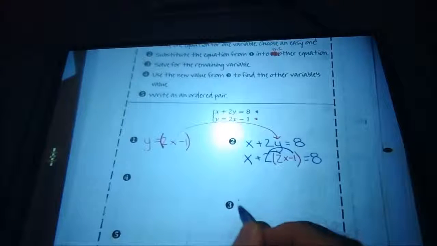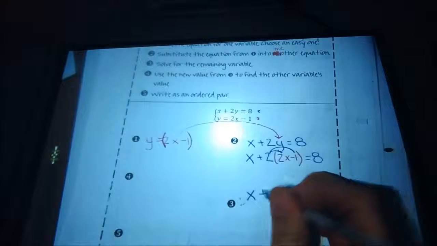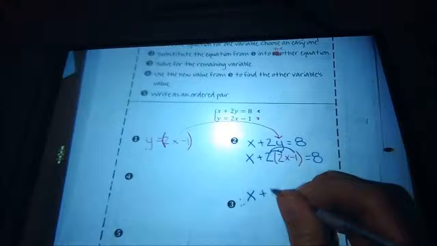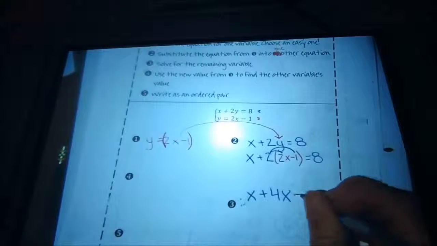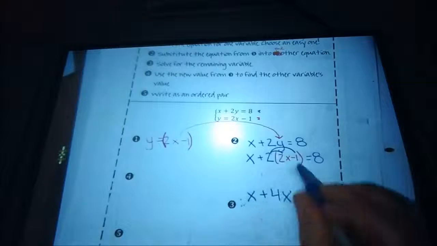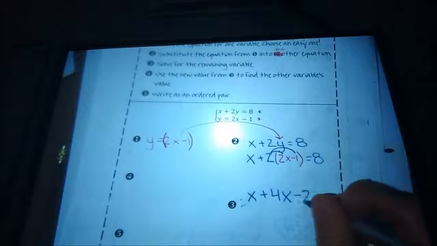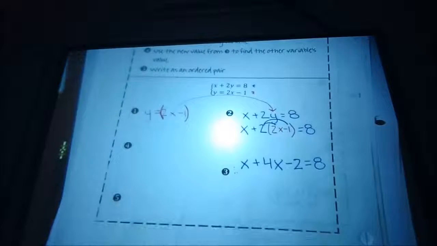So I'm down on step 3. I'm solving for my variable here. So x plus, if I distribute that 2, that gives me 4x and 2 times negative 1, negative 2. Okay, so let's continue simplifying. What can I do?